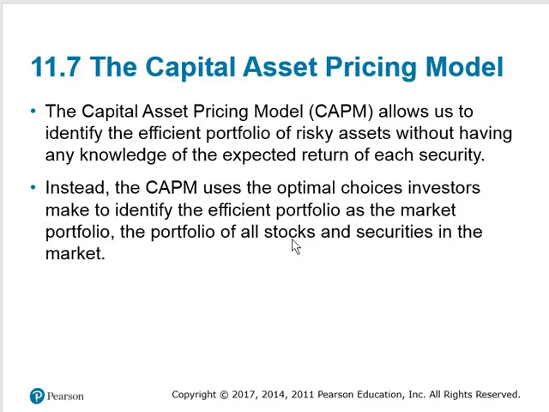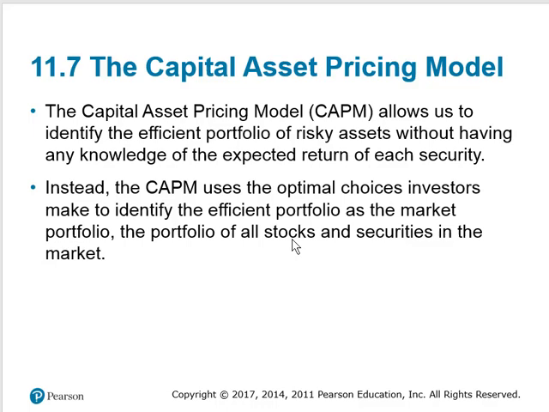So the capital asset pricing model helps us to try to identify these risky assets that could be efficient, right? We want to be able to choose without knowing a lot of detail about all the assets. So the capital asset pricing model uses the optimal choices that investors make to try to identify an efficient portfolio.